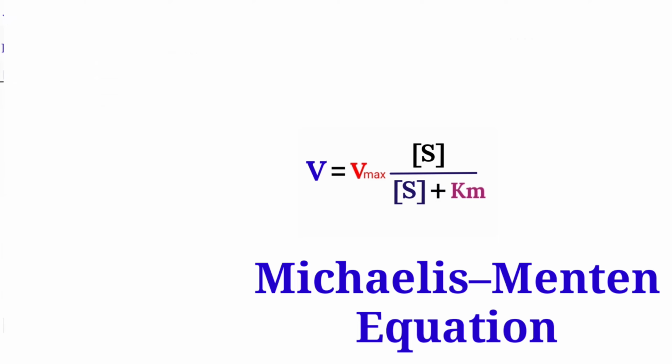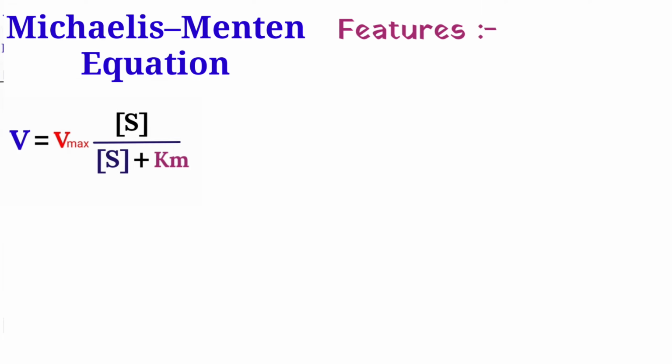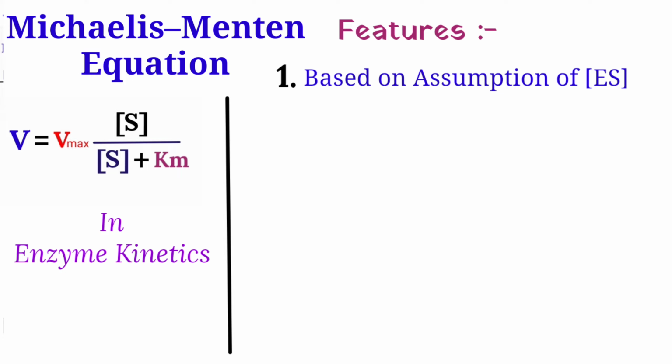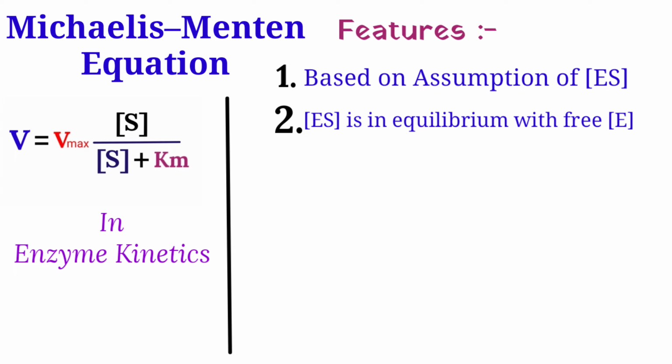So let's discuss the features of the Michaelis Menten equation in enzyme kinetics, where it talks about the assumption of enzyme substrate complex concentration. The second feature is that the enzyme substrate complex is in equilibrium with free enzyme concentration.